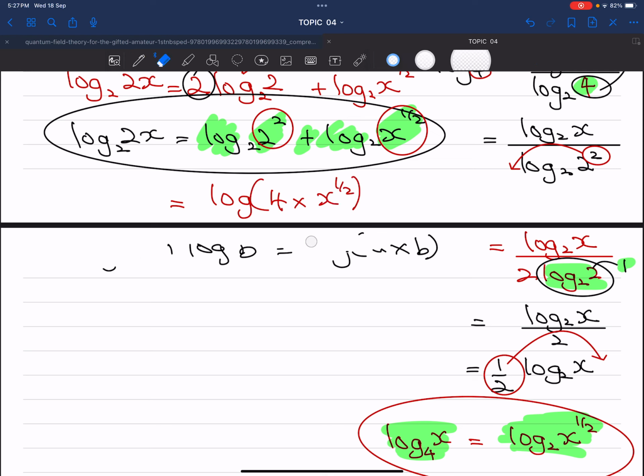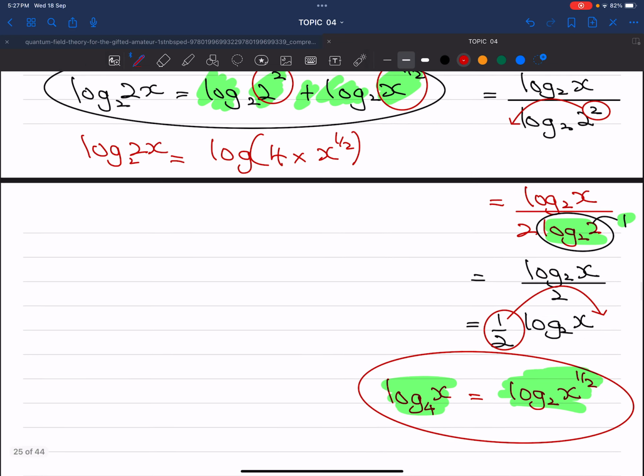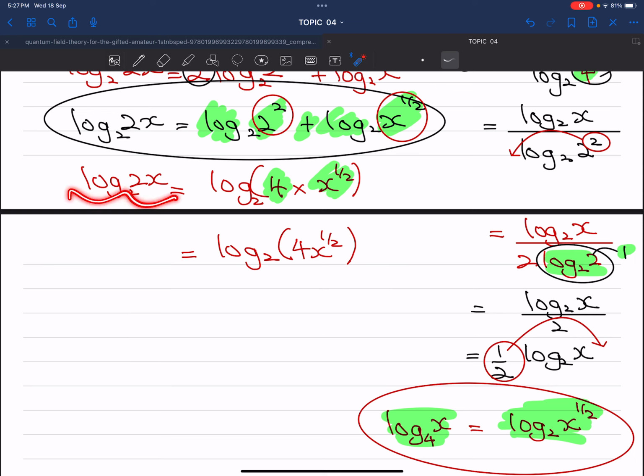So I rub off all this formula. And then left hand side, copy back, which is log 2x base 2. So now this is log base 2, I have 4 times x power half. That would be 4x power half. Left hand side, copy back, log 2x base 2.